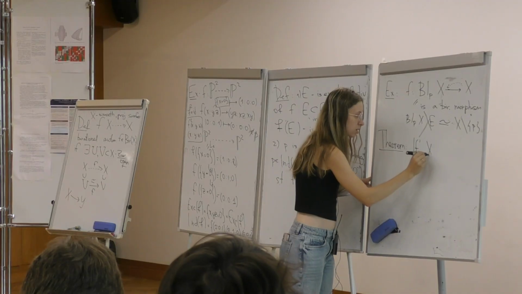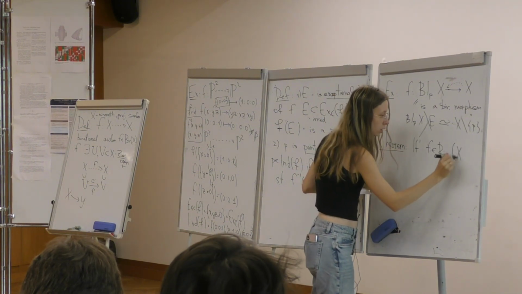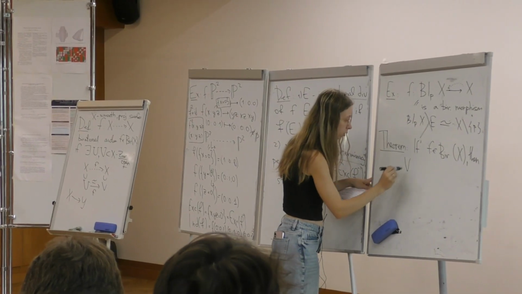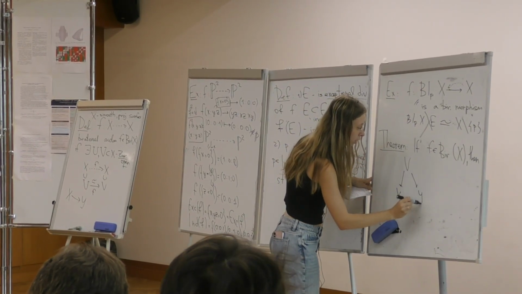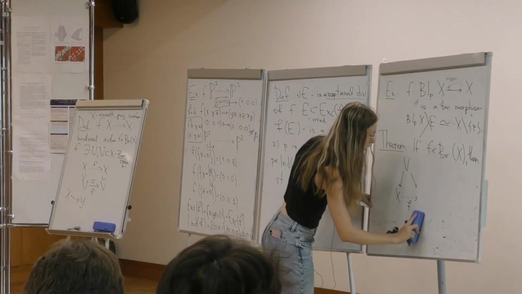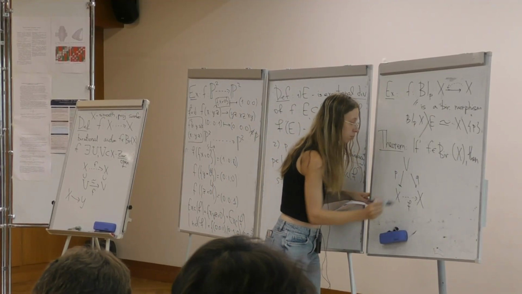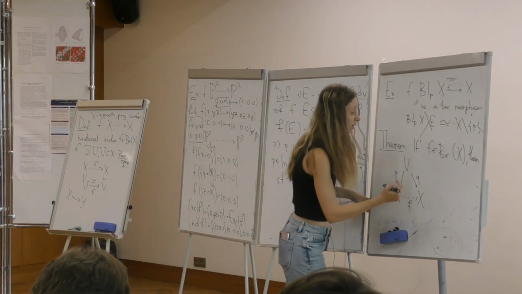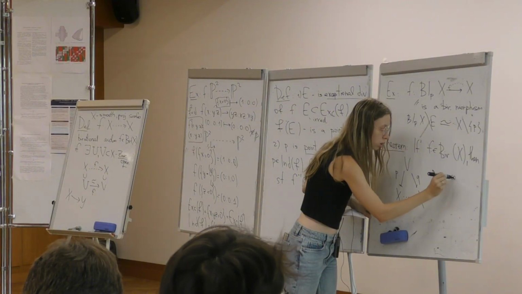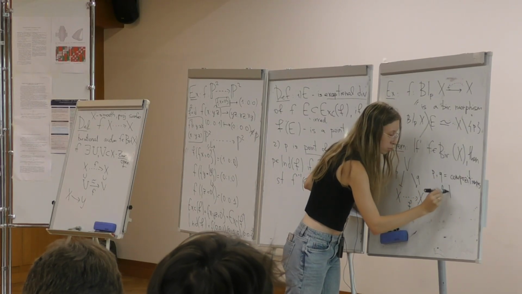If X is smooth projective and f is a birational automorphism of X, then there exists a commutative diagram V, X, X. This is our birational automorphism, and here we have two maps, P and Q, which are birational morphisms, and they are just compositions of several blow-ups in points.